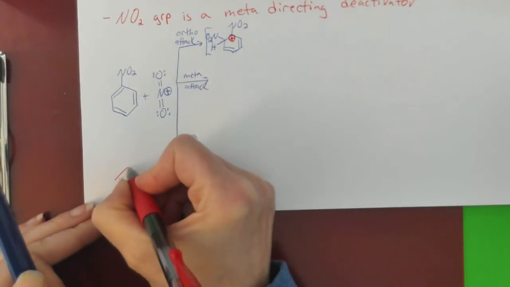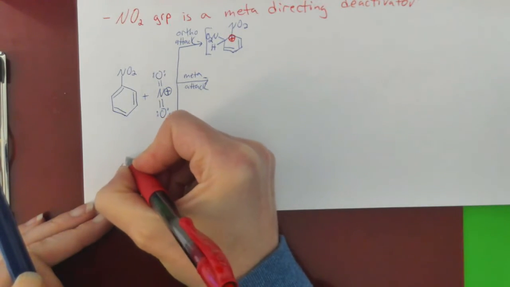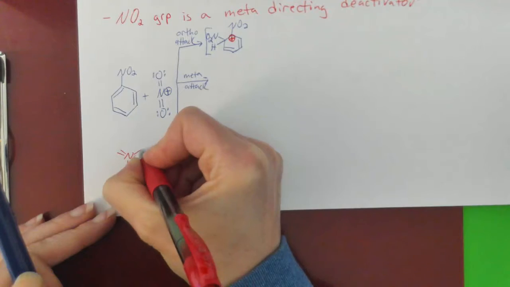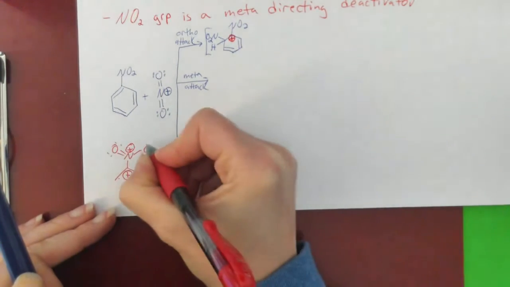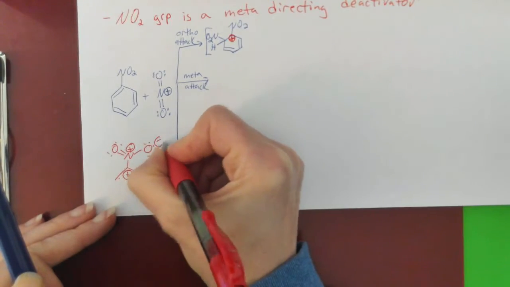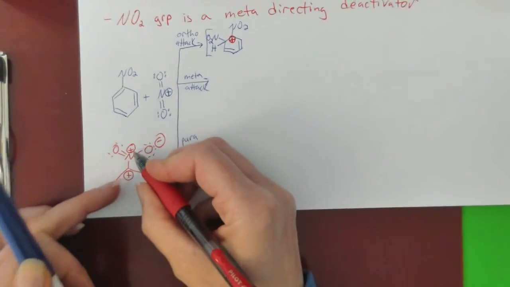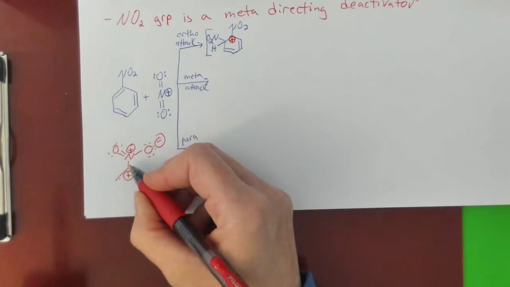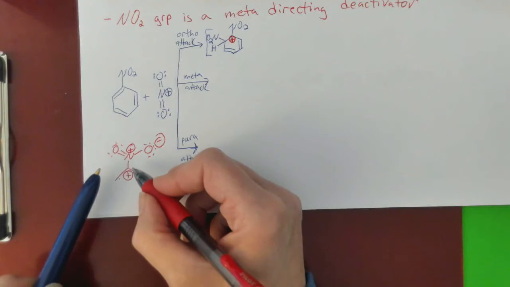So if I have on my ring a plus charge, this is going next to the nitrogen that already has a plus charge on it, right? This is extremely destabilizing to have two like charges next door to each other. Very, very unstable, okay?